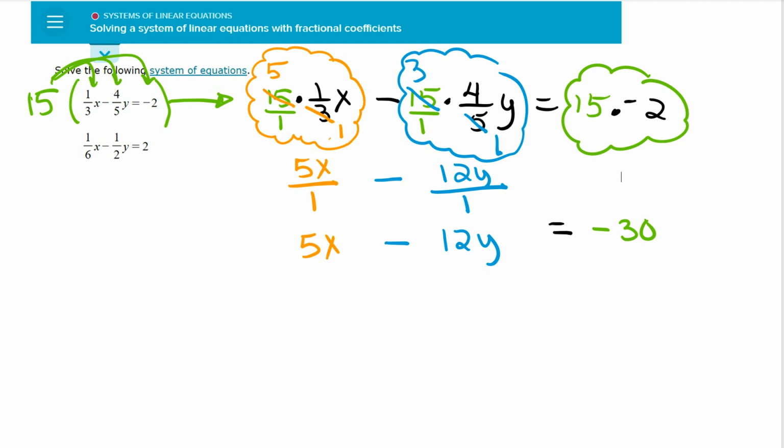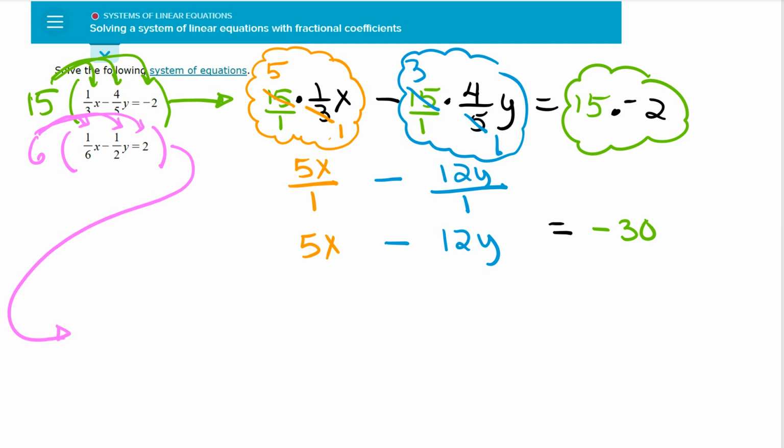I'm going to do the exact same thing to this other equation down here, except on this one, since my denominators are 6 and 2, all I need is a 6, because 6 goes into 6 one time, and 2 goes into 6 3 times. So just like the green up there with that 15, I'm going to distribute the 6 to all of these.